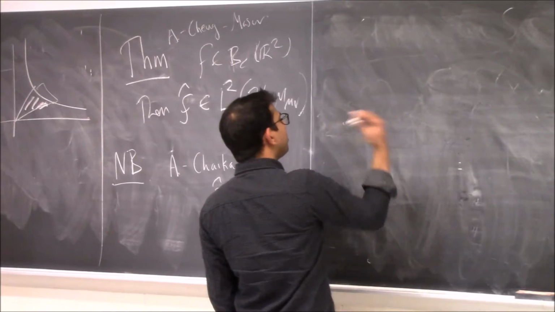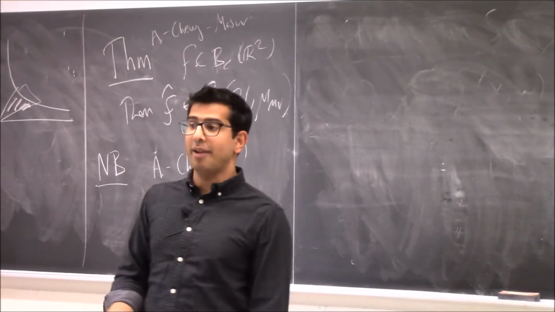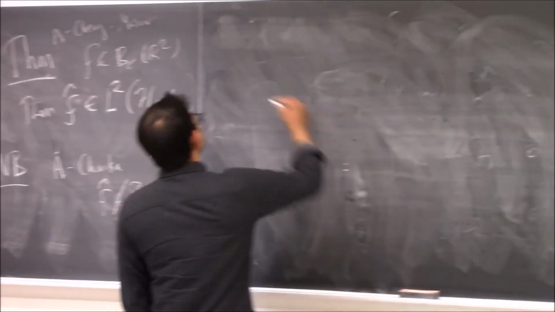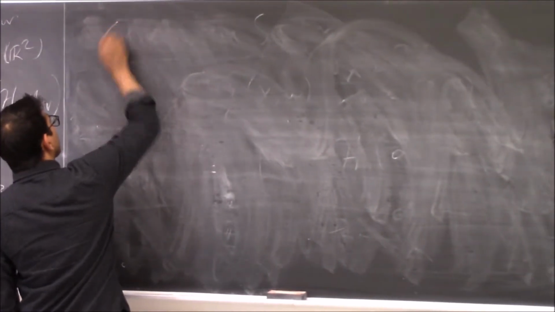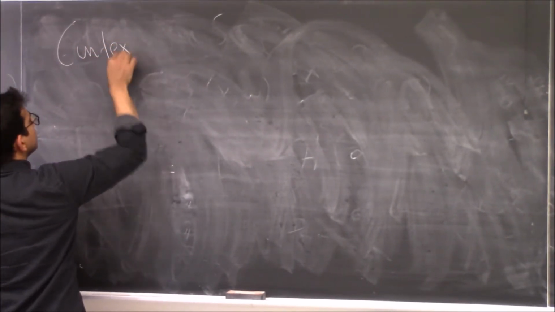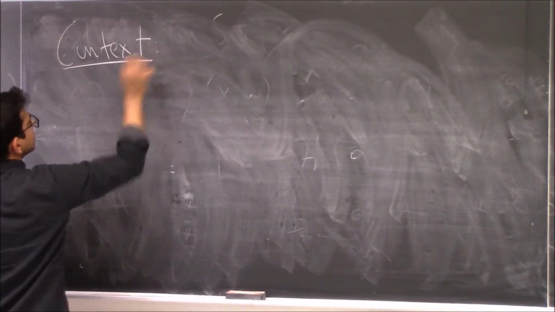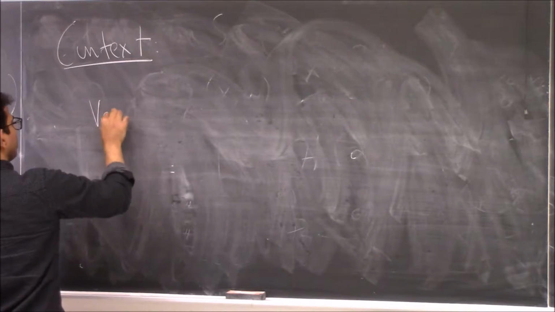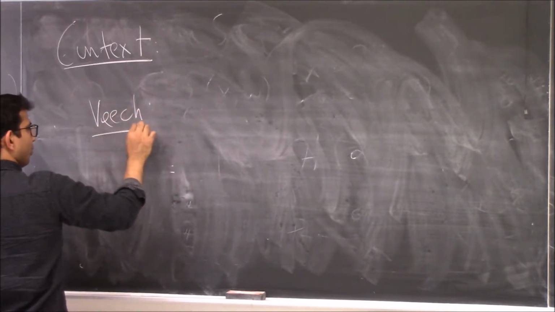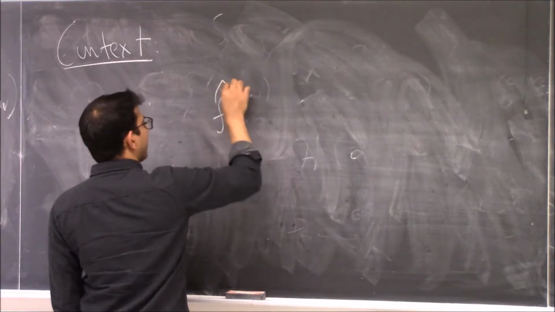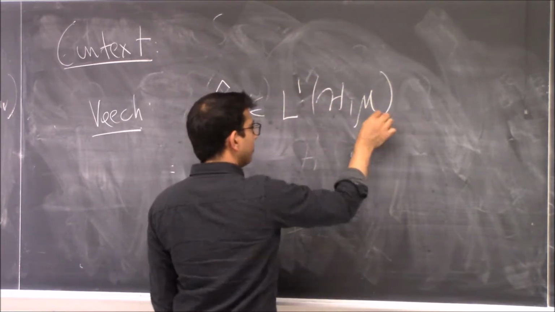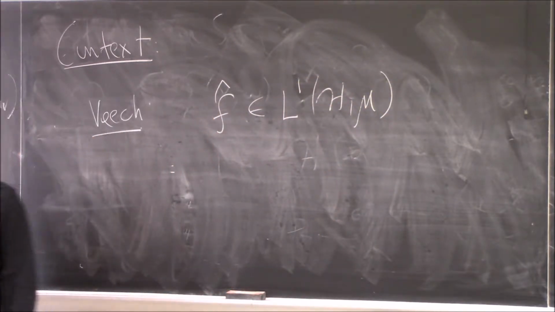OK, so now let me tell you the context and the history of this theorem and why maybe you should care, or why I care at least. So context. Veech, when he introduced this, proved the following beautiful thing. He proved that f hat is in L1, that it's integrable, so it has a finite expectation.